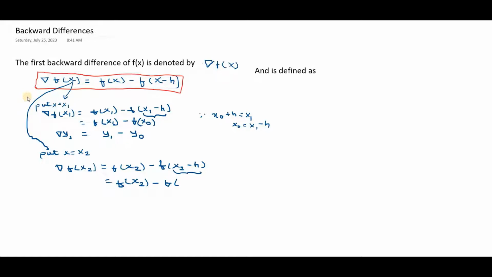We know that x1 plus h is equal to x2, and therefore x1 is equal to x2 minus h. So this x2 minus h we can write as f of x1. And briefly, we can write del f of x2 as del y2, which is y2 minus y1.